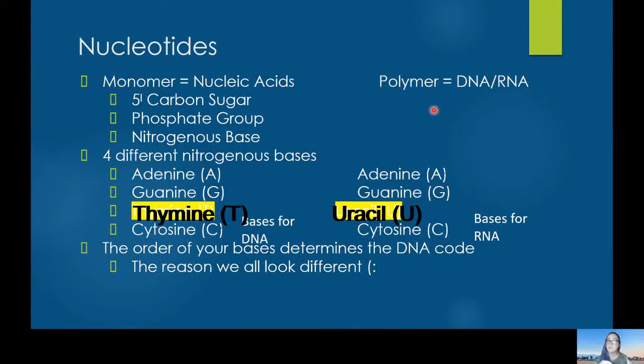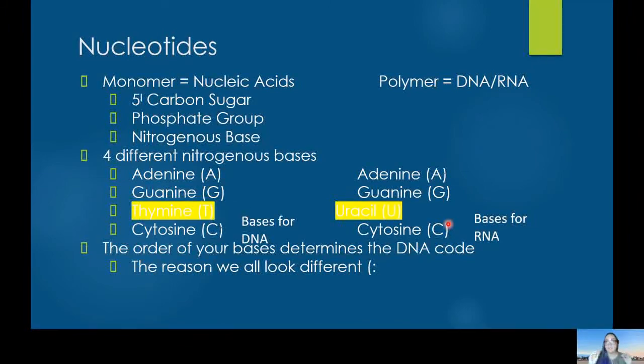Just know those are your 2 nucleic acids, and they are both composed of the same things, okay? There are 4 different nitrogenous bases. So the bases for DNA are adenine, guanine, thymine, and cytosine, A, G, T, C, okay? And then for RNA, the only difference is we don't have thymine, we have uracil, which is with a U. So instead of AGTC, here we have AGUC, okay?